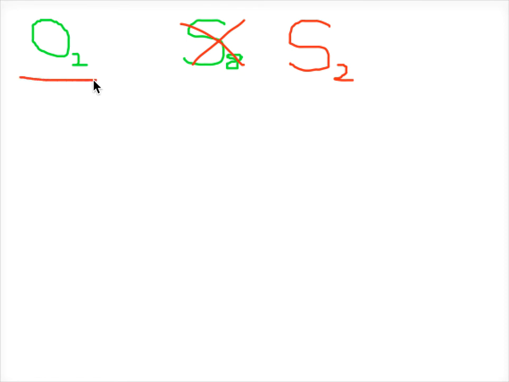In the case of O2, O2 uses 2p orbitals to form the pi bond. So essentially, they look like this.